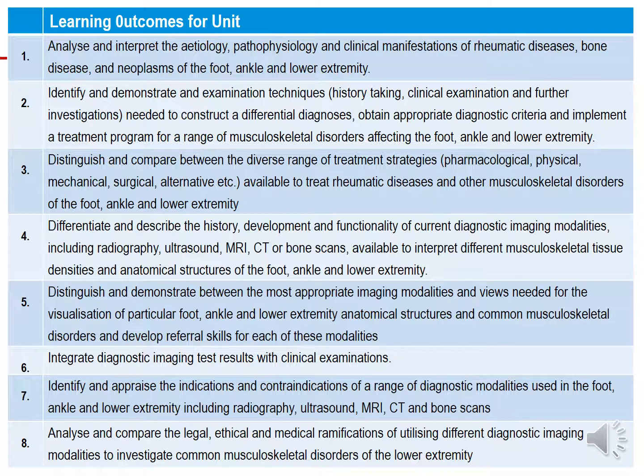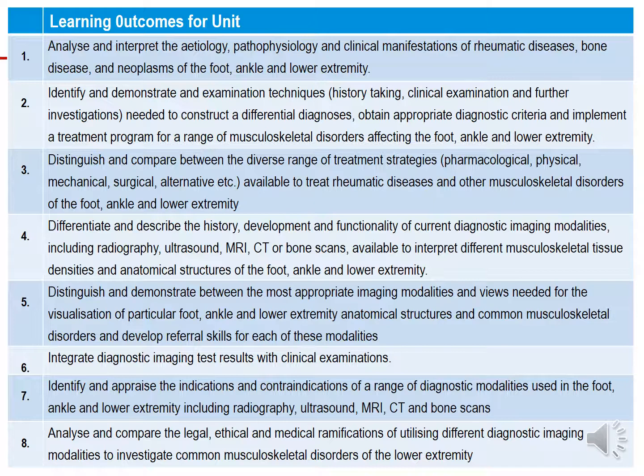Number 7, you need to identify and appraise the indications and contraindications for a range of diagnostic modalities used in the foot, ankle, and lower extremity, including radiography, ultrasound, MRI, CT, and bone scans. So what it's saying here is there is actually a risk with these modalities, some more than others. For example, with X-rays, we have radiation, so this is really important. Some scans, such as MRI, you can't have metal in place.